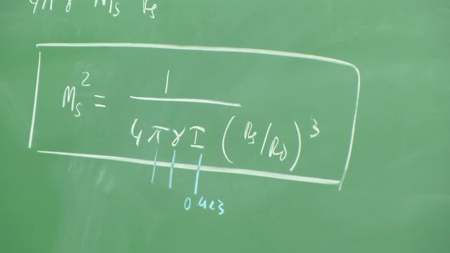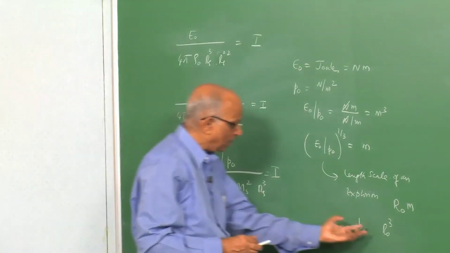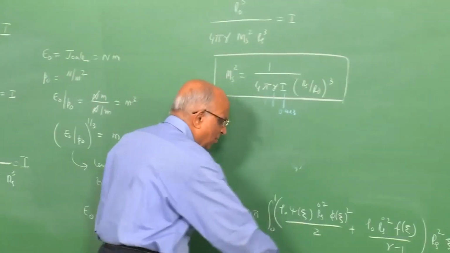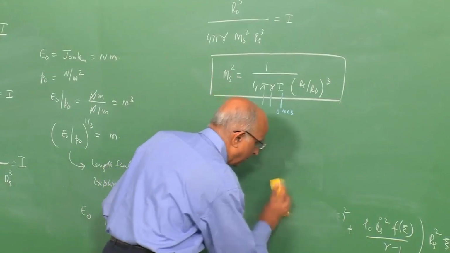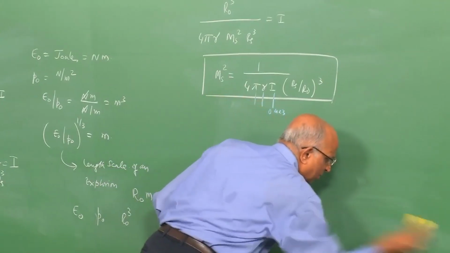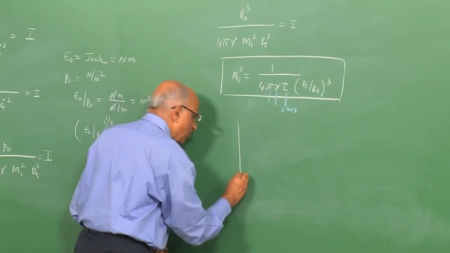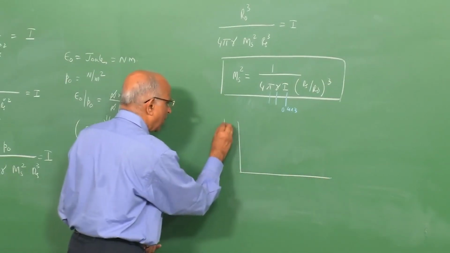In other words, what has happened? When we reduce the energy release in terms of an equivalent length scale, namely the explosion length, what have we done? Let us take a look at the figure again and try to interpret this result. We go back to the streak diagram with which we are all familiar by now.